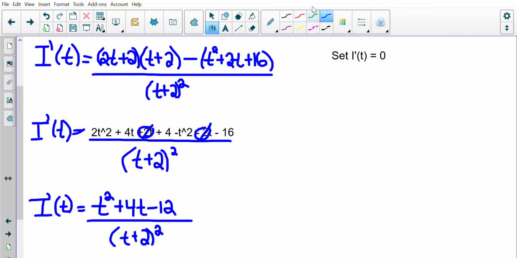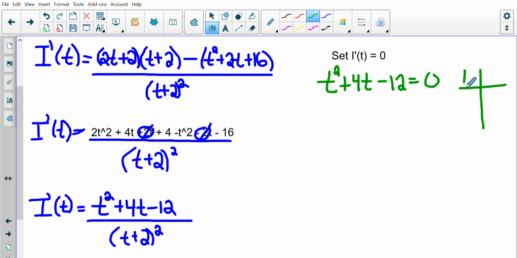So all I'm worried about is setting the numerator equal to 0. And so I'm going to have t squared plus 4t minus 12 equal to 0. All right, so again, I'm going to factor this. It's a quadratic equation. So I got t squared on top left here, minus 12 top right. When it's t squared, it's got to be t and t.